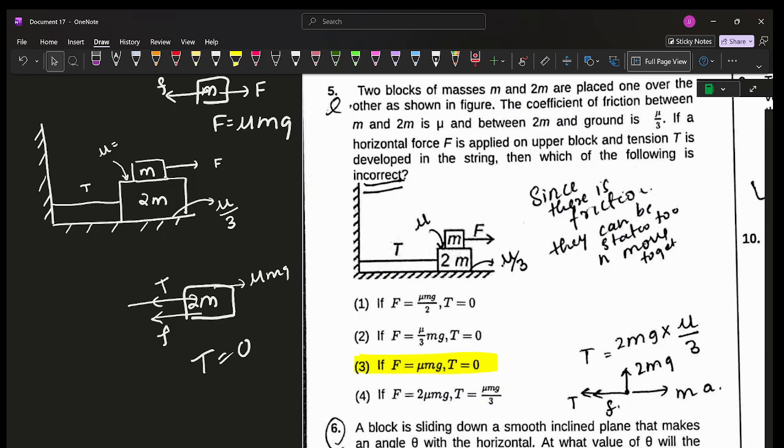Okay, let me just find the answer. It's gonna be really bad if the incorrect option is third, but let's just check. Fourth option. Acha. I'm right. They've just done what I've just done, and from that they found out tension is 0 in all these cases.